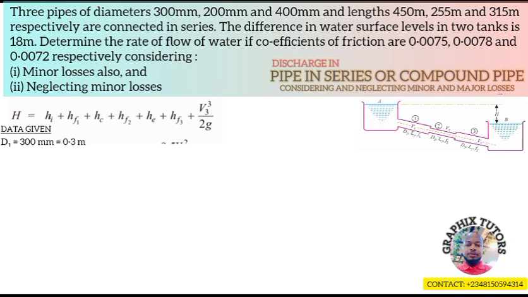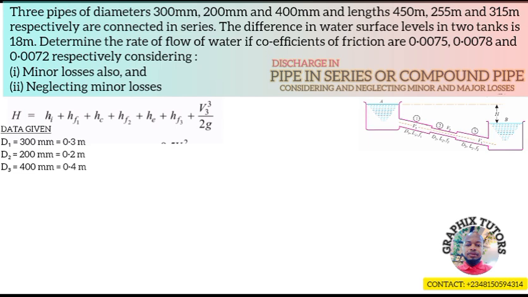The second one is the diameter of pipe 2, which is 200 millimeter, and that will give me 0.2 meter when you divide by 1000. The third one is the diameter of pipe 3, that is 400 millimeter. Converted to meter, you divide by 1000 and you'll have 0.4 meter.